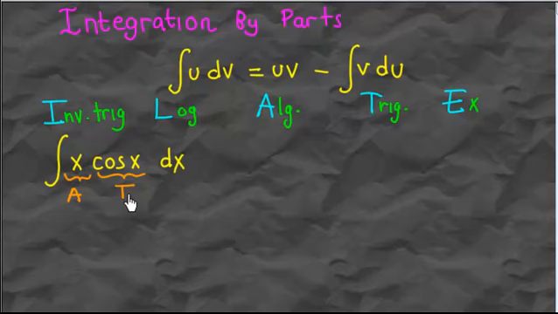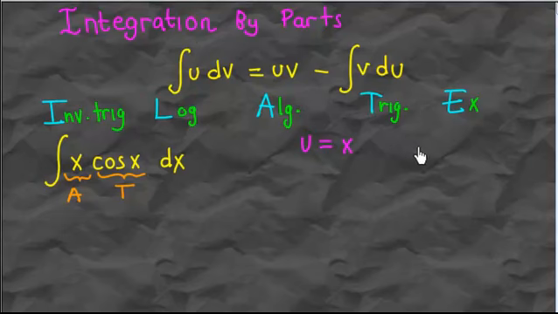Whenever we have two choices of u, always choose the one that appears first in ILATE. In ILATE, algebraic appears first. So choose that x as our u. Alright, so let's use that. Put u equals x.